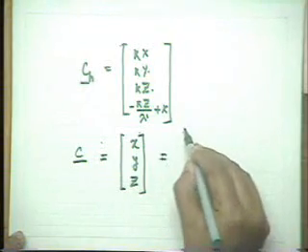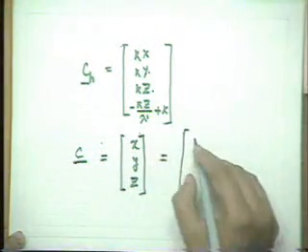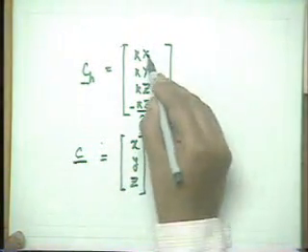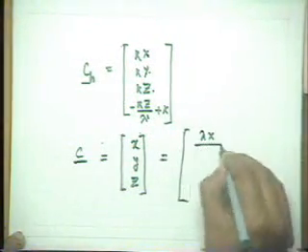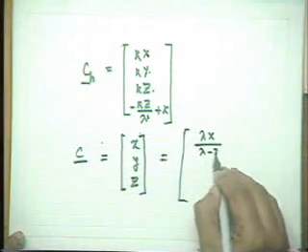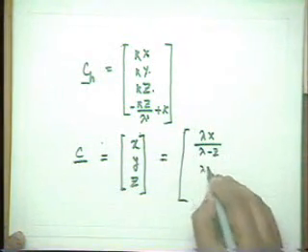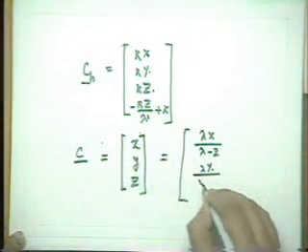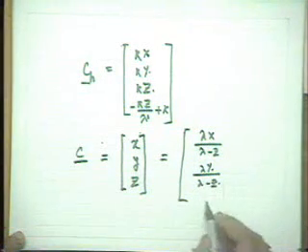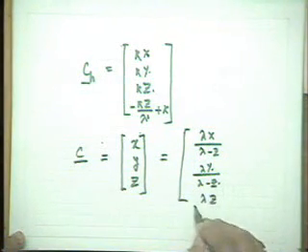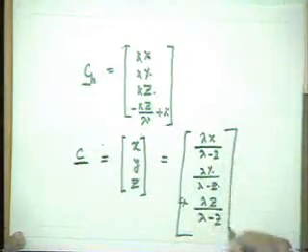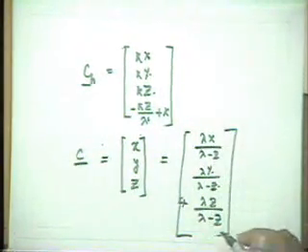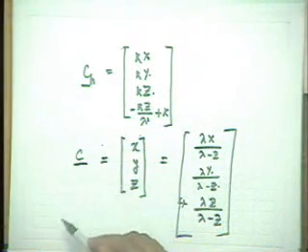But now these three elements, by dividing with the fourth element, what we get is: the first element is lambda x divided by lambda minus z. The second element is lambda y divided by lambda minus z. The third element is lambda z divided by lambda minus z. So these are the three elements for this C vector.